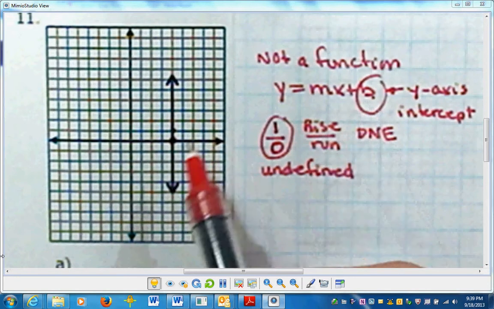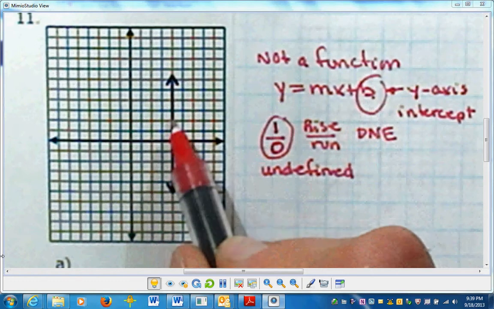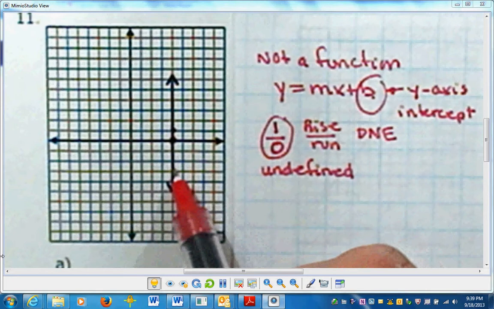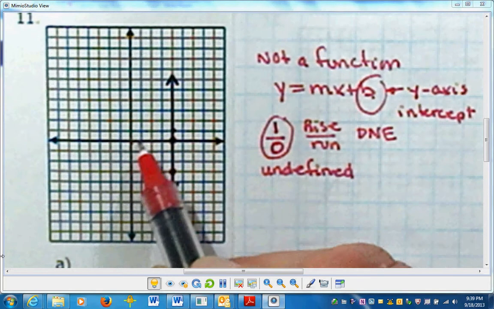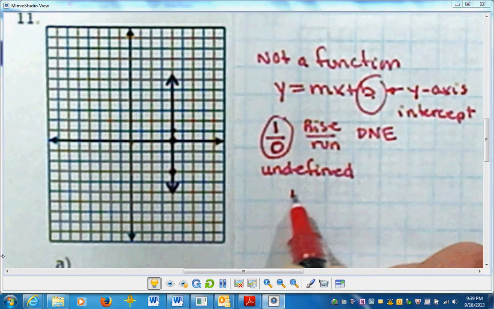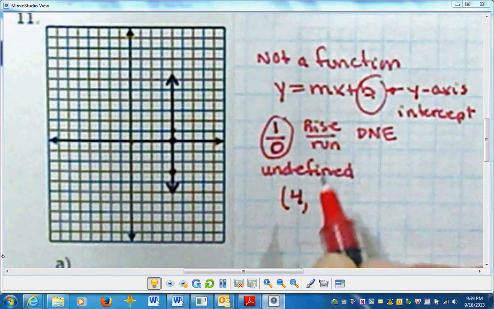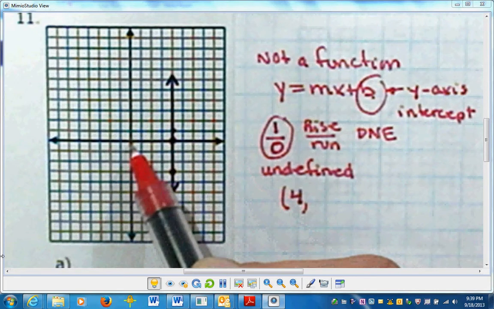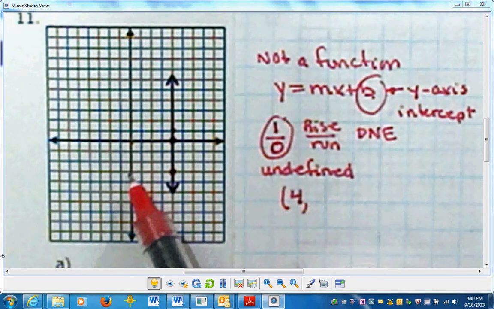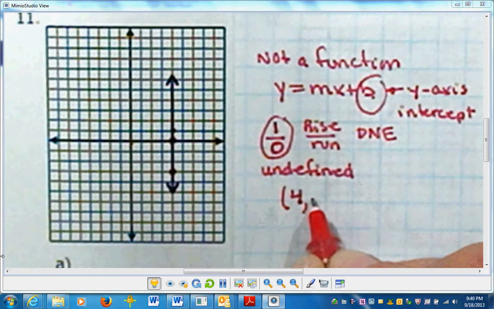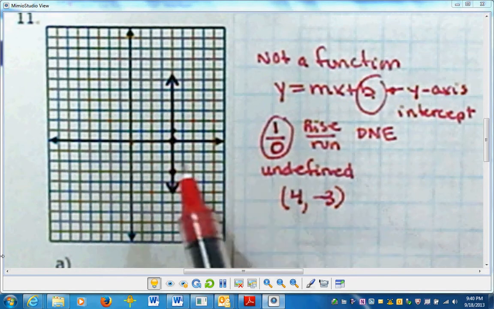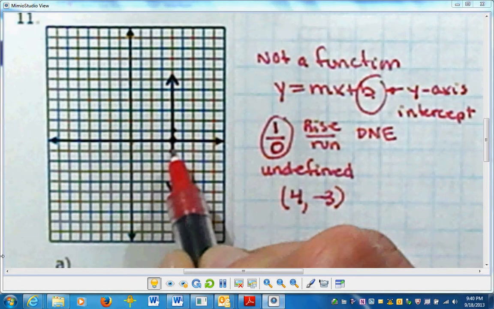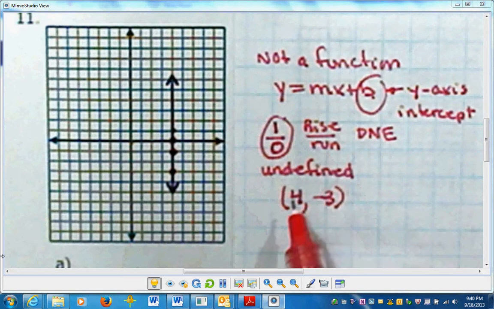Well, one way to do it is let's look at all of our values on that line. Let's just pick this point right here. That's where x is 4 and y is -3. Let's go up to this point right here. What's that point?